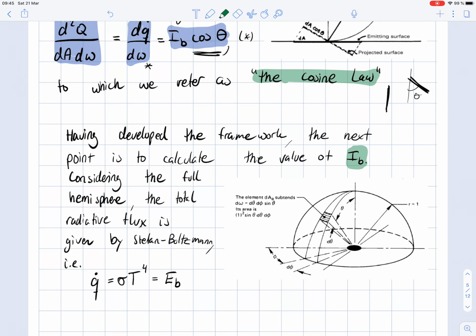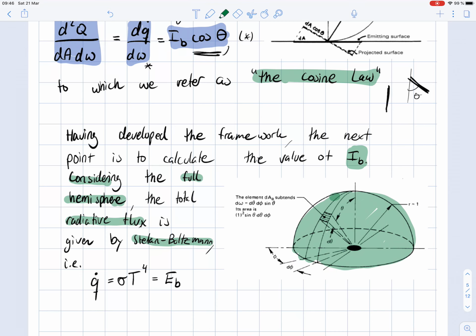IB is a constant, so we should be able to determine it by using mathematics. So what we will do is that we will consider the full hemisphere, or halvkule. If we consider the full hemisphere as we see here, of course, then the flux has to be given by Stefan Boltzmann's law, because Stefan Boltzmann's law gives us the complete flux of energy.